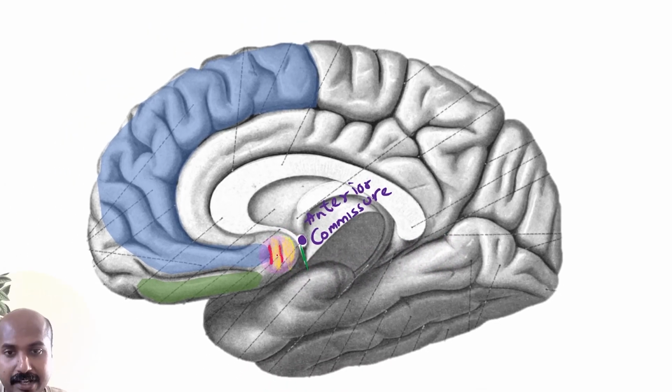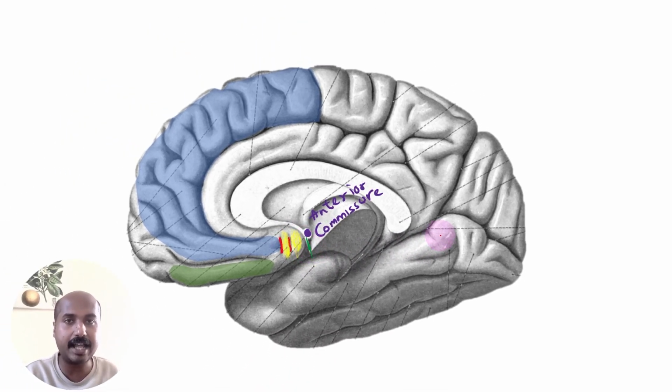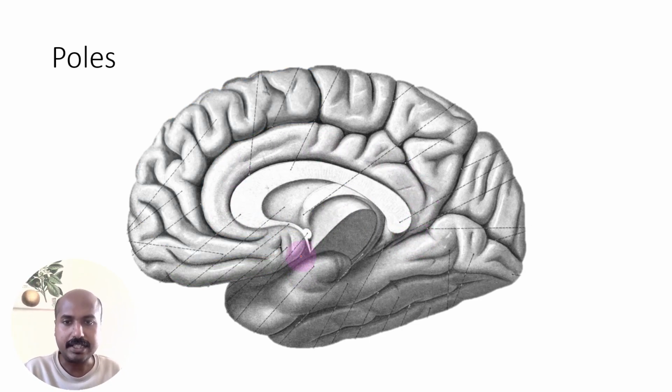So since these gyri are very close to the lamina terminalis, they are known as the paraterminal gyri. You can see that the cingulate gyrus is beginning from the paraterminal gyri and going posteriorly onto the isthmus. That's why the cingulate gyrus is like a belt that is beginning from the paraterminal gyri and ending at the isthmus.